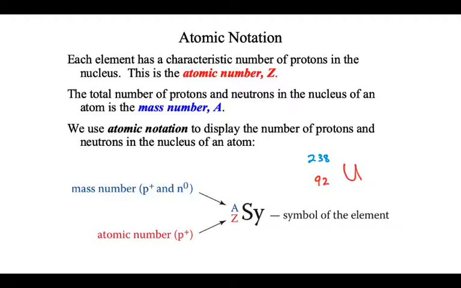Okay? Did that account for all of the subatomic particles? No. Okay, so let's account for the last subatomic particle. What's the last subatomic particle? The electrons. Sorta, kinda, the electrons have already been specified in this. Okay?